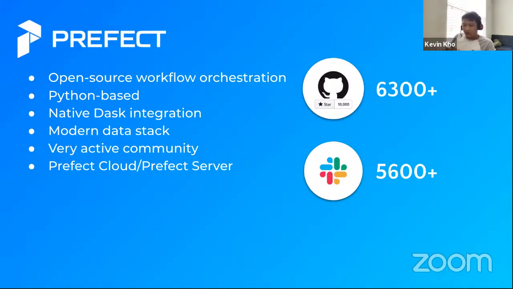And then we have two offerings, Prefect Cloud and Prefect Server. I'll be demoing Prefect Core today, and then I'll show you Prefect Cloud. Prefect Core is the Pythonic API that you use to make your workflows. And then after that, you would register it with a backend, whether that be Prefect Cloud or Prefect Server.